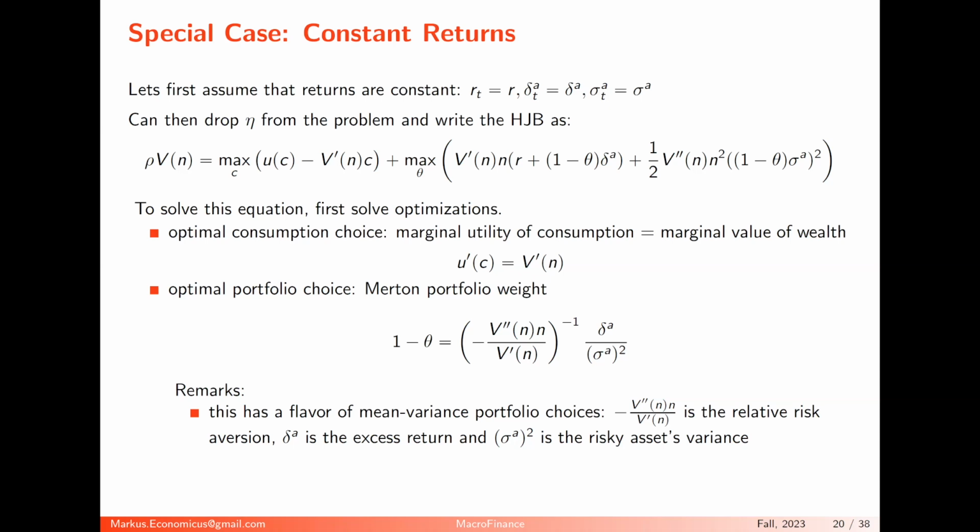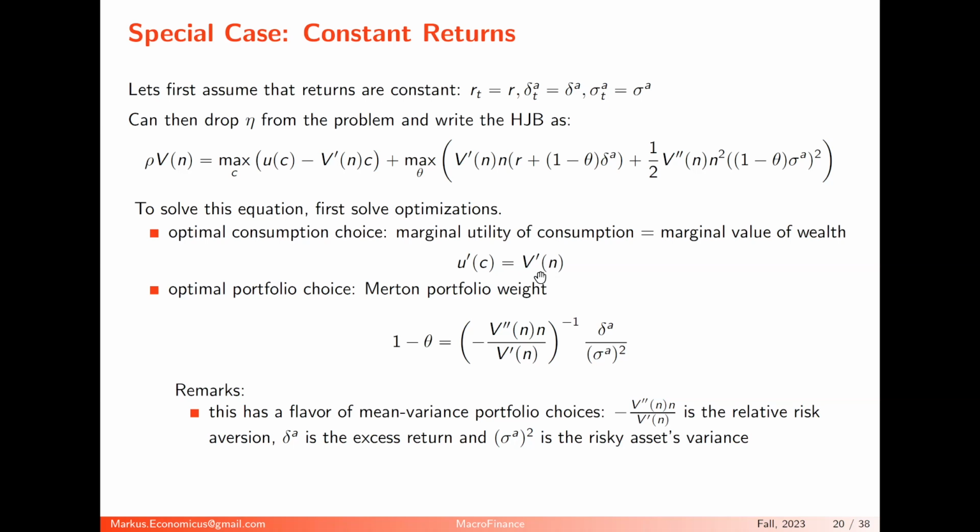If you're at an interior solution, the envelope condition always holds this way, otherwise you're not at the optimal consumption. If you get more kick out of consuming more than having more net worth, which essentially reflects consumption in the future, then you're not at the optimum. And then you have the optimal.